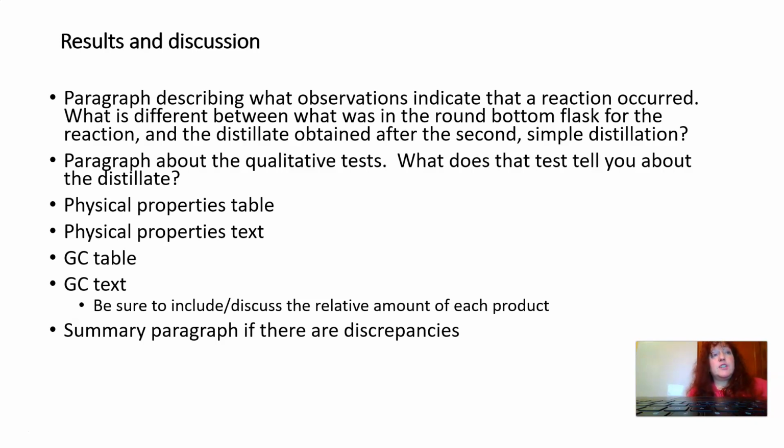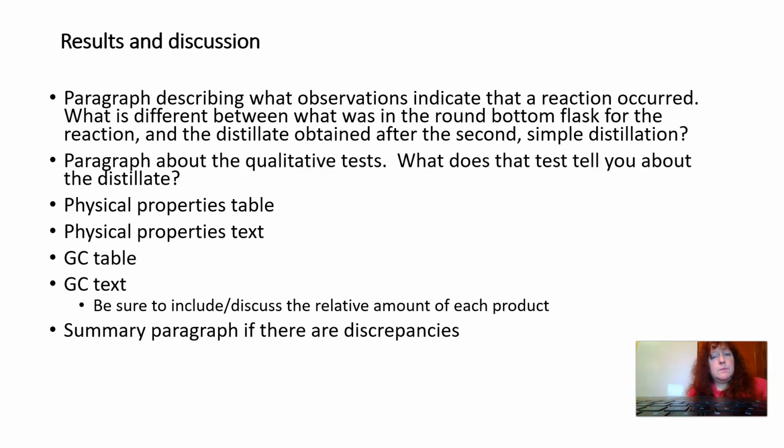You'll then have a GC table. So it's nice to close with the best data here. GC table should show the standard retention times for the two potential products and the retention times for your material. In the text, talk about what you can interpret from that. What products do you have, which is in the higher amount?